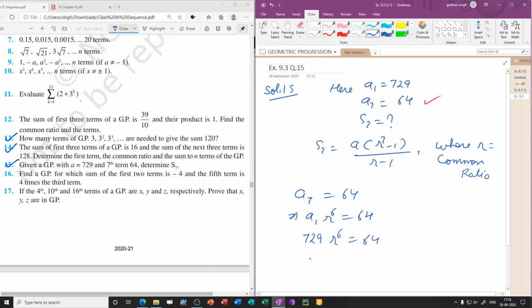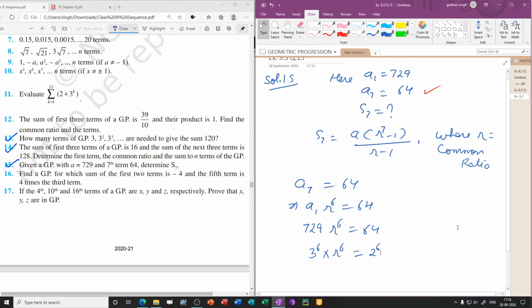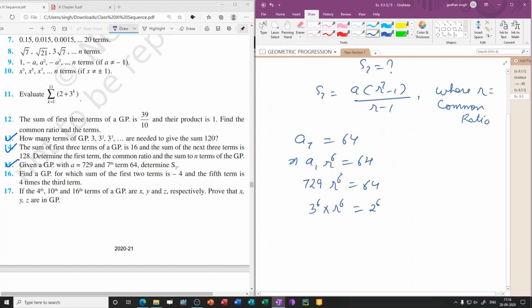Now 729, if we multiply 3 six times, we'll get 729. So this can be written as 3 raised to 6 into r raised to 6 equal to 64, which can be written as 2 raised to 6. Now this further will give us, therefore r raised to 6 is equal to 2 by 3 whole raised to 6.